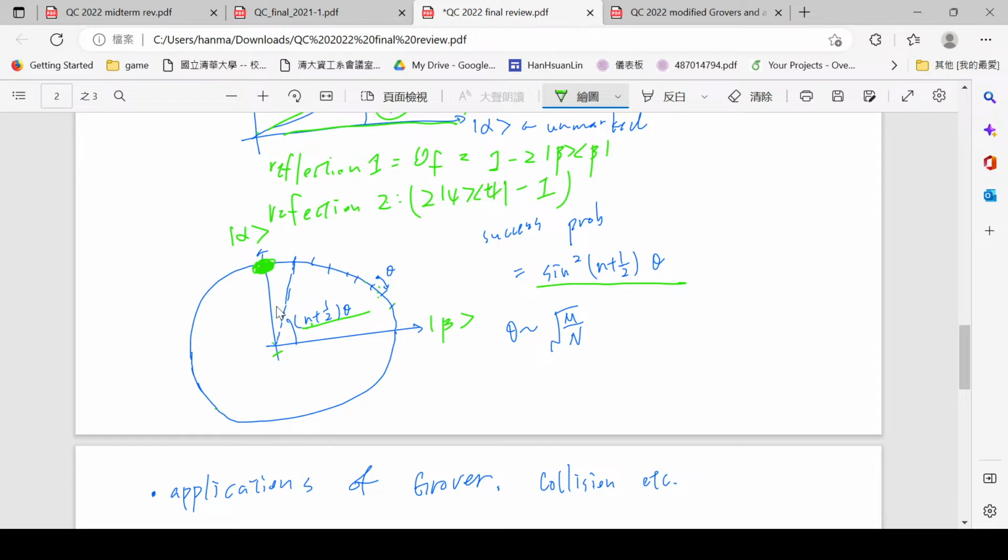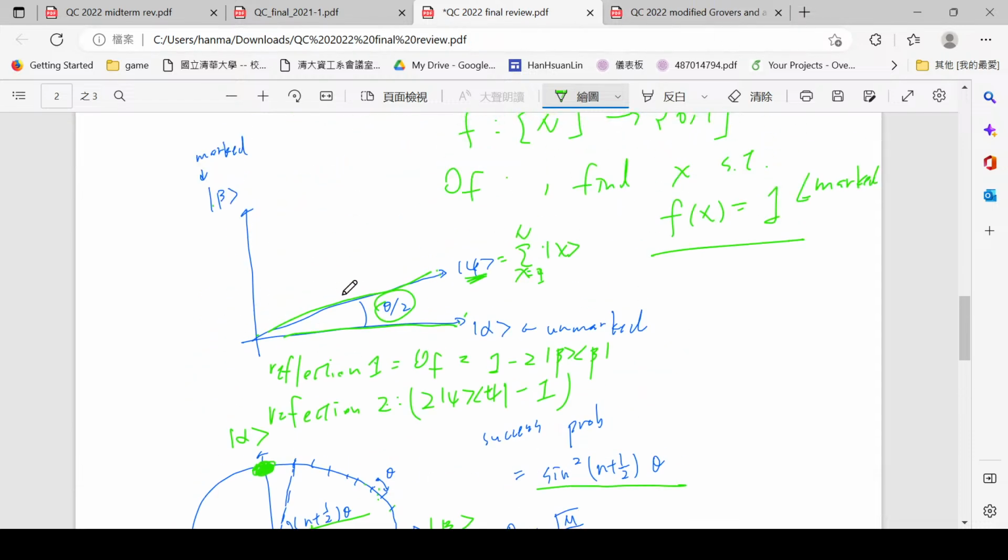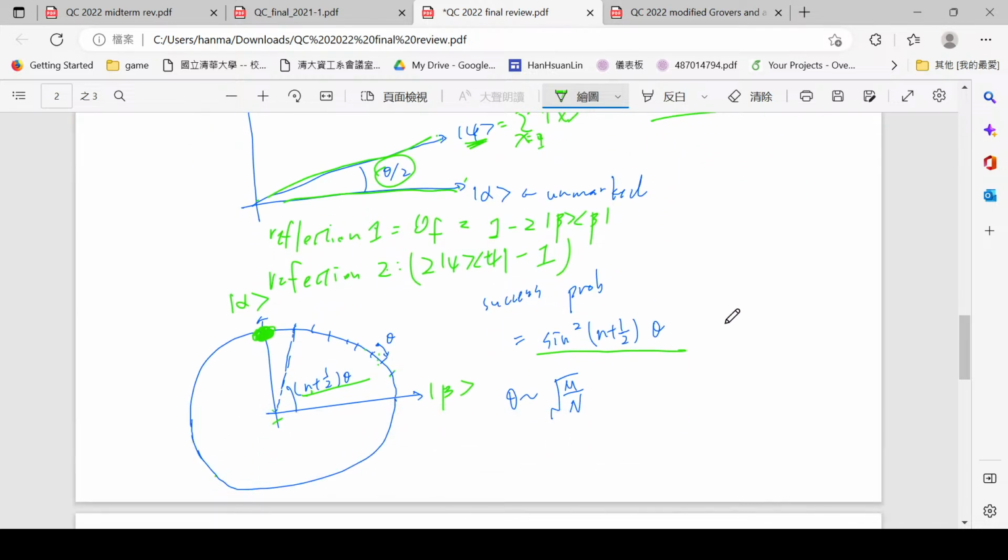You can do some calculation here carefully, and you see that theta is about the order of square root of m over n, where m is the number of marked items.